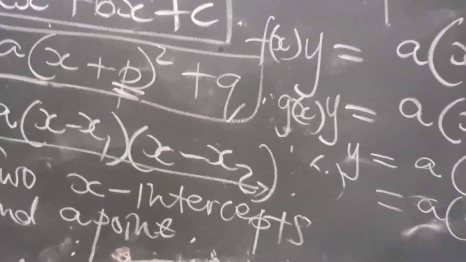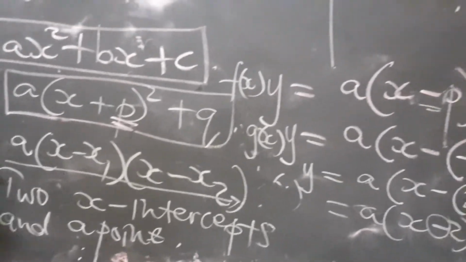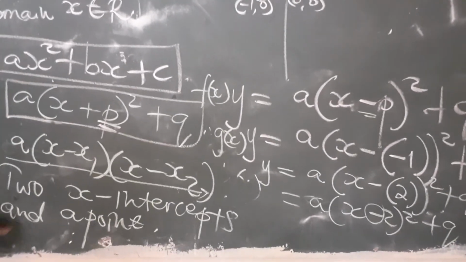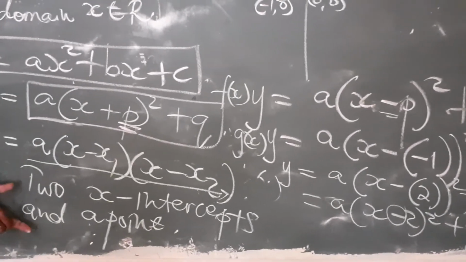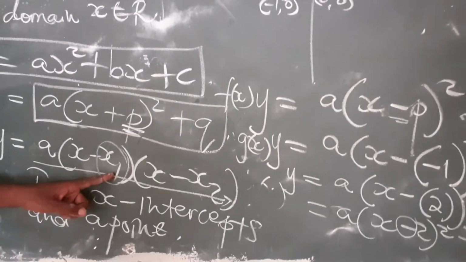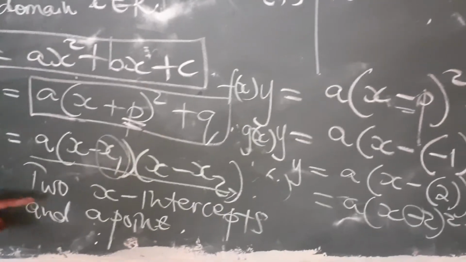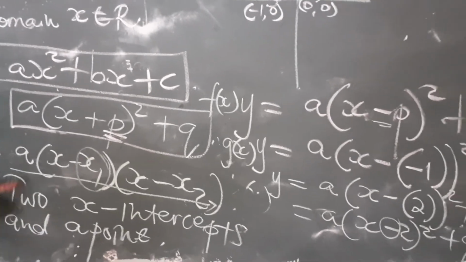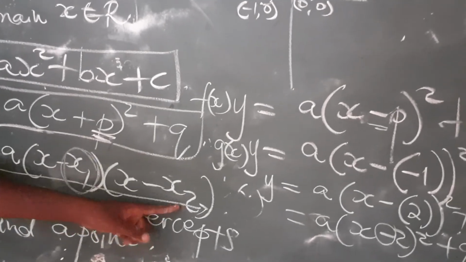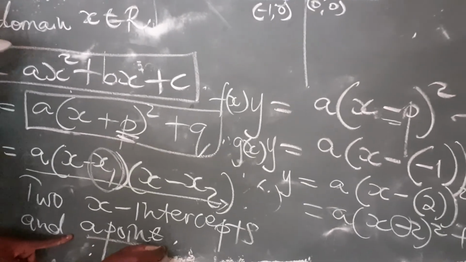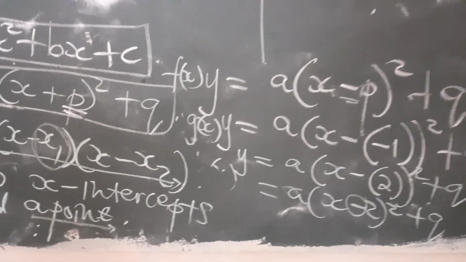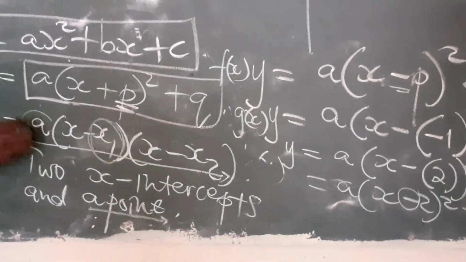It means I'll have 3 points, where 2 of them will be my x-intercepts and just a point. Here we can see that I've written x1 and x2. It means that my x-intercepts will be replaced by x1 and x2. Therefore, the third point will be substituted in this formula to find a.